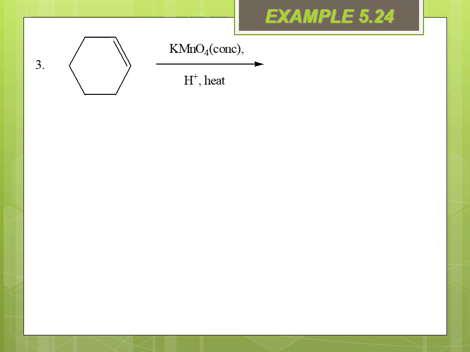Let's look at question number 3. As you can see here, the reactant is a cyclohexene. The double bond is between two of its 6 carbons. We have to draw it so that we can show the numbering of the carbons. So it's 1, 2, 3, 4, 5, 6.